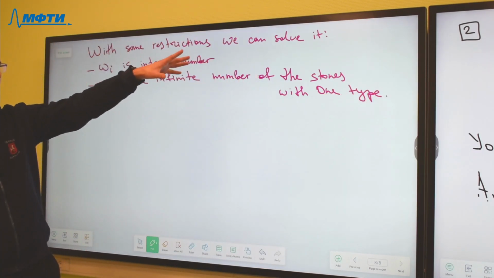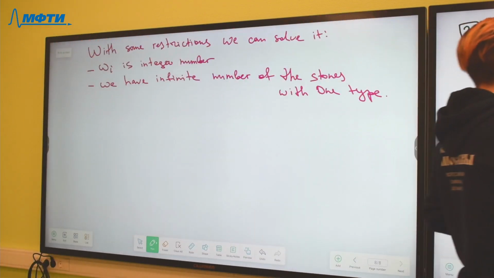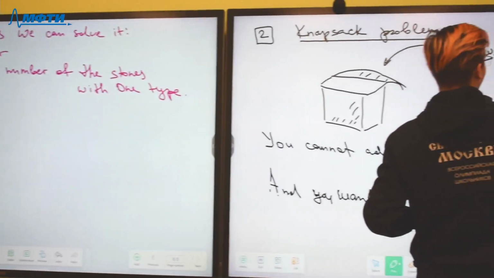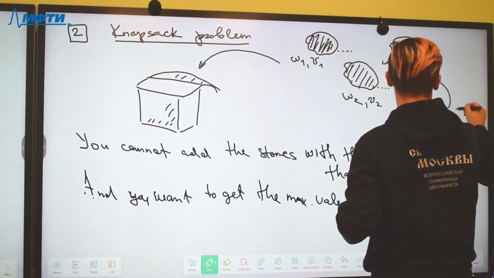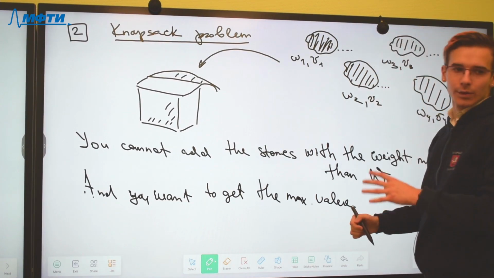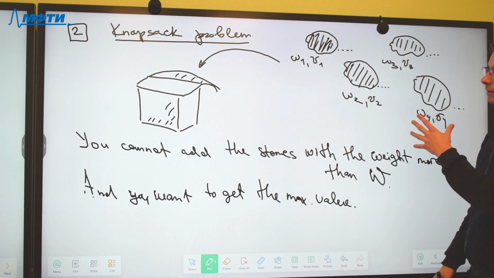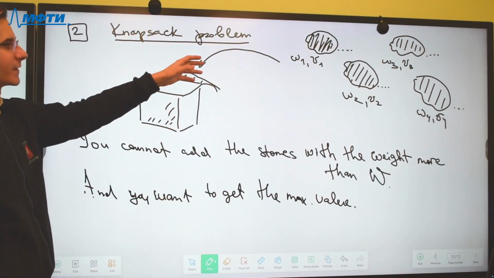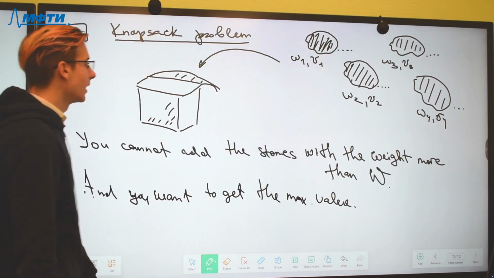So we have a finite number of types of stones, but we have not only one stone, but a number of stones of each type. So we can get, for example, 5 stones with the weight W1 and value V1.